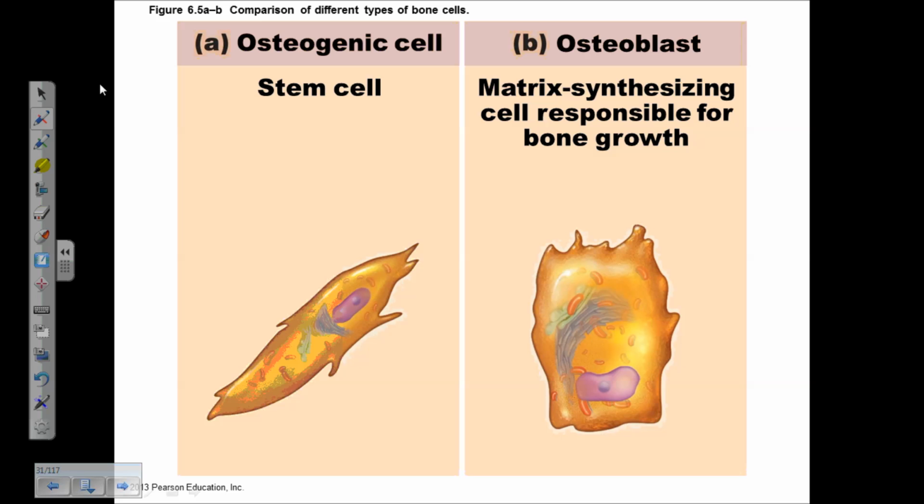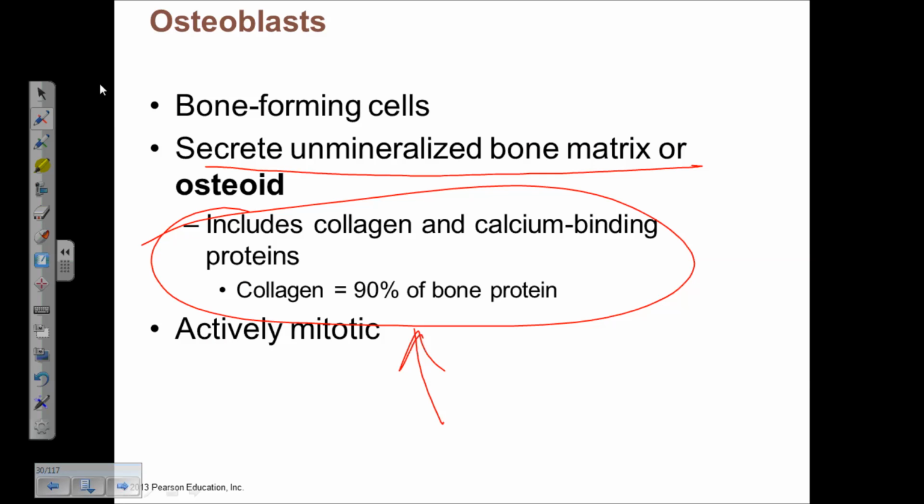So here's the example, the illustration. I thought you said it was the chondrocytes. Good notice, but no. Chondrocytes are the cells that you can find in the cartilage.